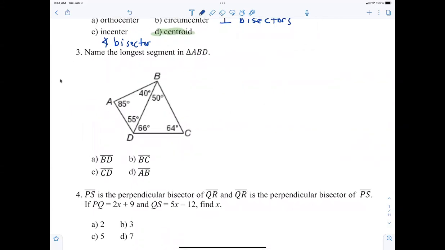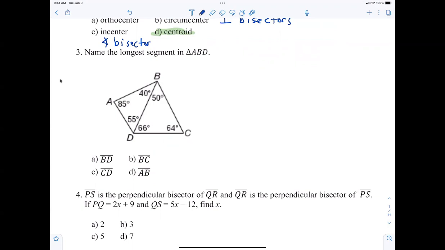Name the longest segment. Now, if you were looking at it, you would just say, obviously, if I could just take all the degrees away... Well, maybe it's not obvious.